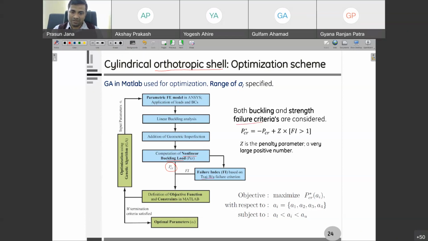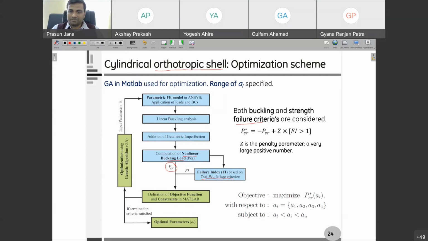So these are actually composite failure criteria. So we checked whether our predicted structure, like the candidate structure, is failing in SAYU failure criteria or not. So if it is failing, then we have to discard that candidate design, and then we have to move forward. So that way, we have set up.